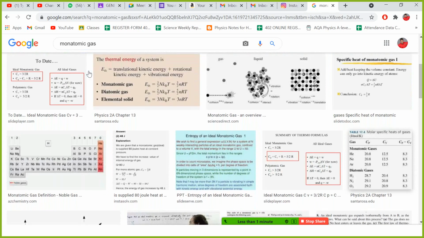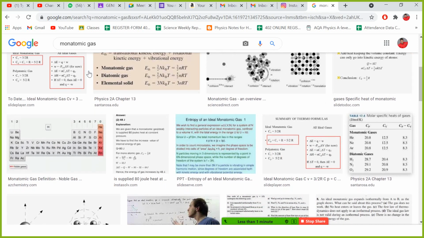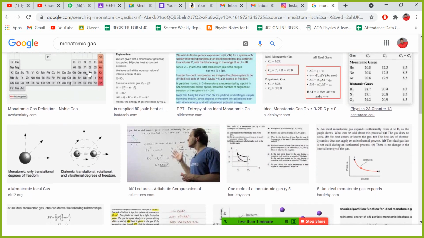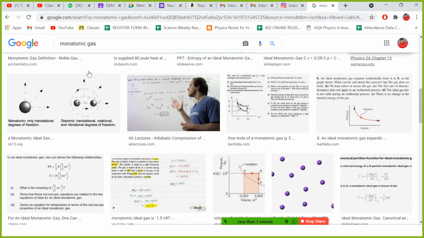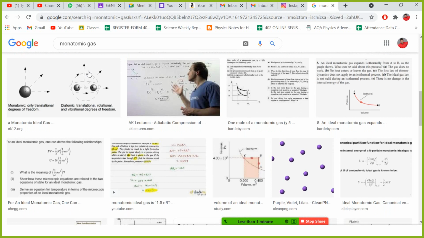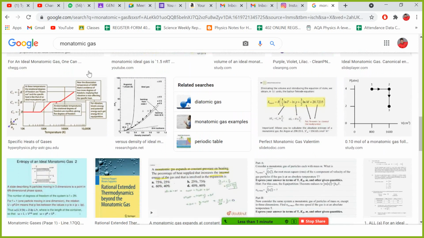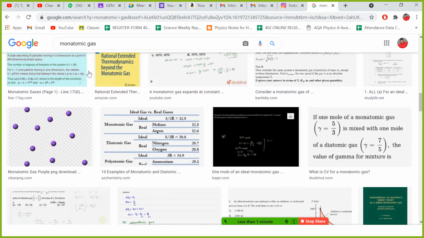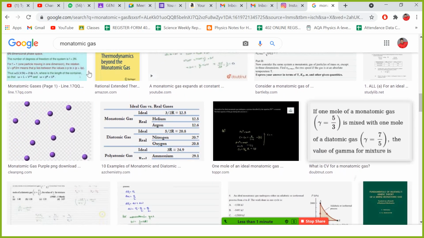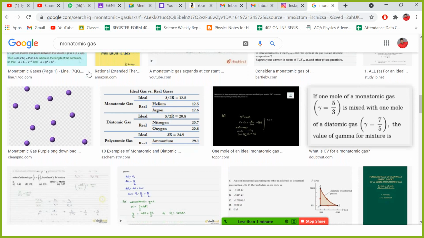The noble gases, of course, would be classified as monochromatic gases, all right? They will be classified as monochromatic gases. They exist by themselves, you know, right?